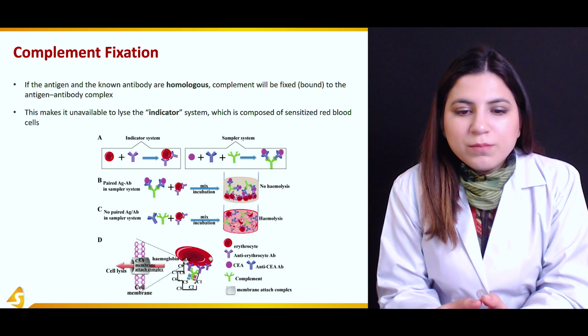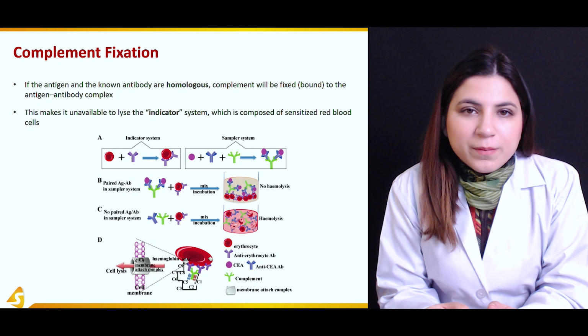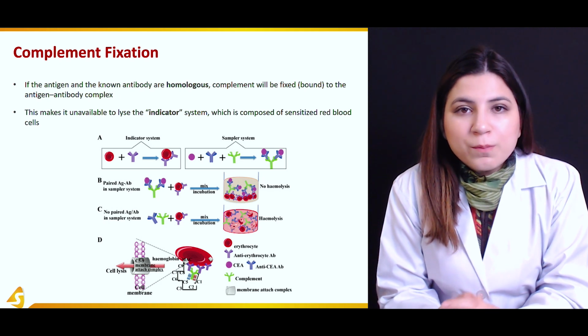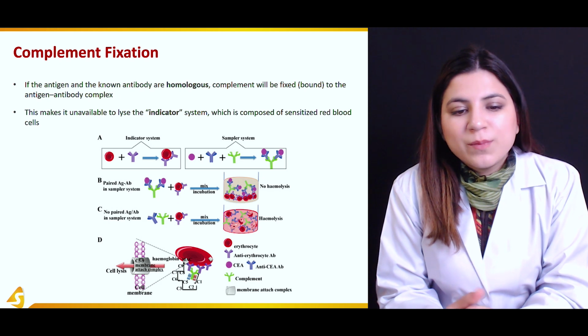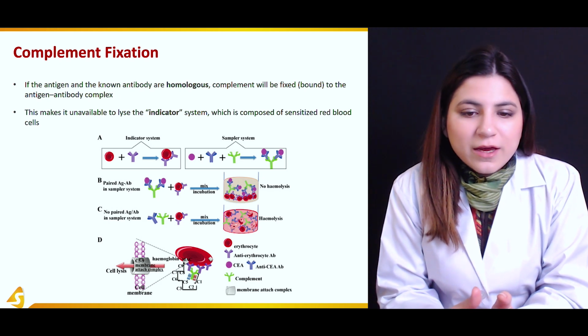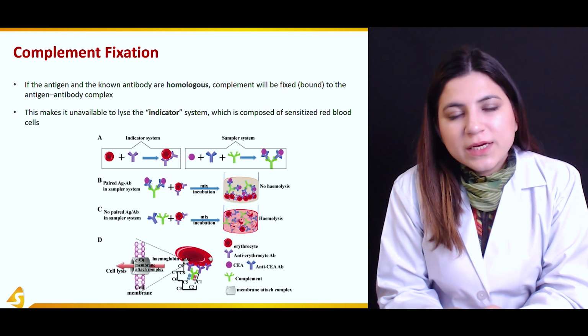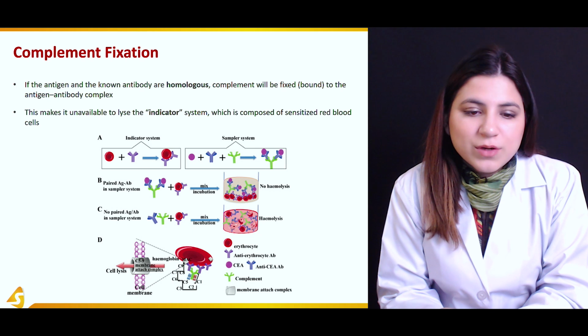And this complex will then fix the complement, and thus this will make it unavailable to lyse the indicator system. And this indicator system basically is comprised of sensitized red blood cells.